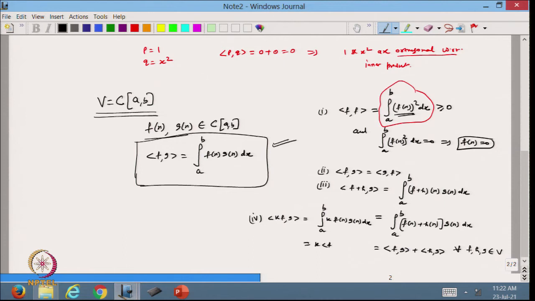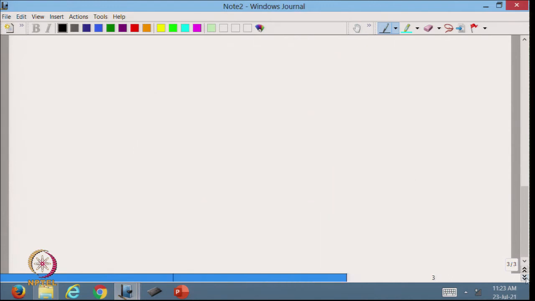Then it becomes k times the inner product of f and g. This is true for all k belonging to the field. Here the field is the real numbers. So, all these properties are satisfied, and based on this we can say that this is an inner product.